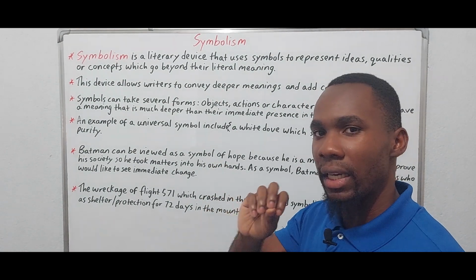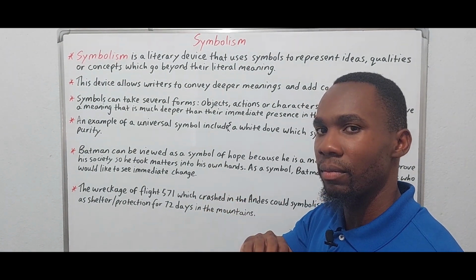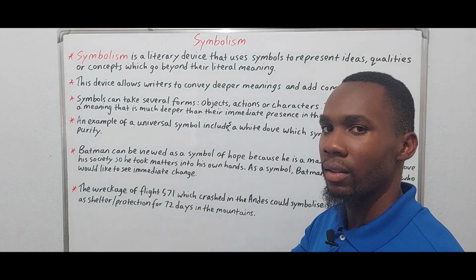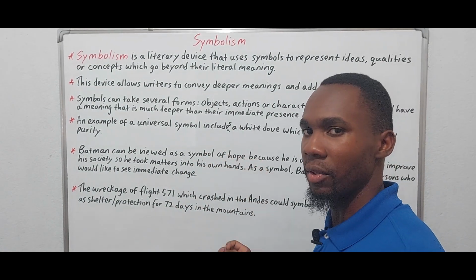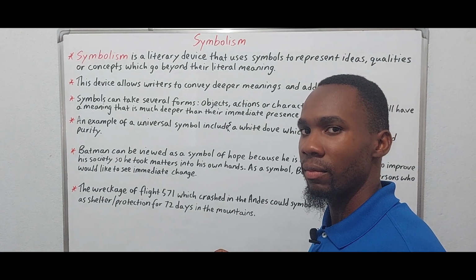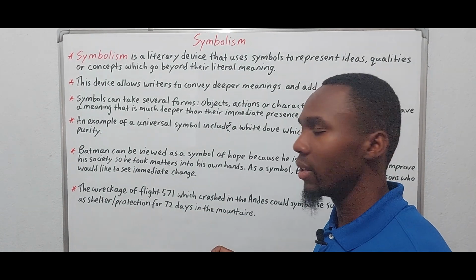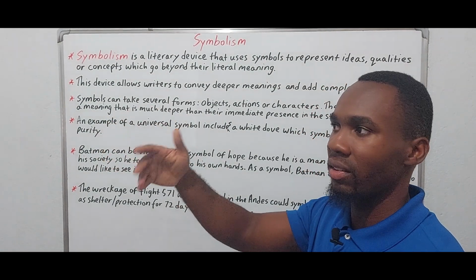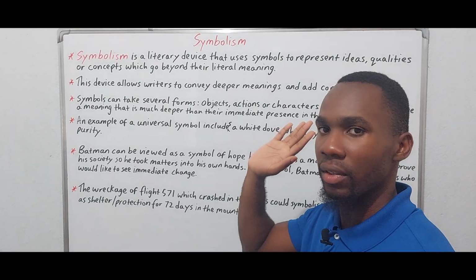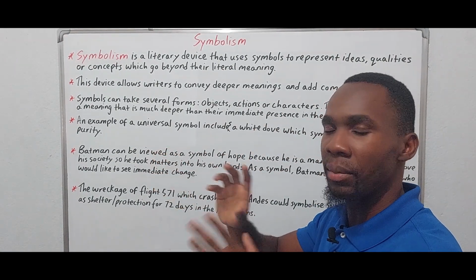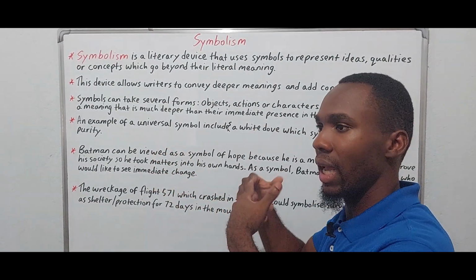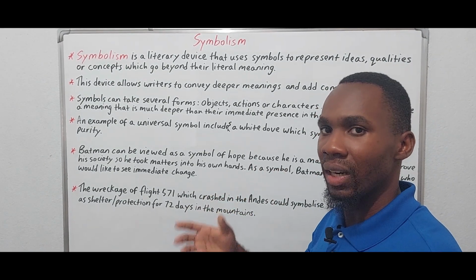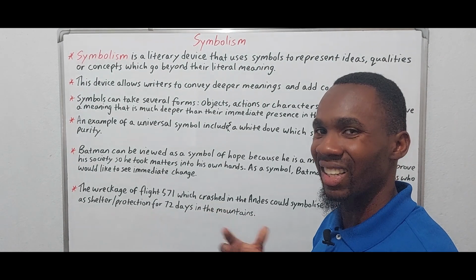There must be a clear correlation between the entity and the symbol. What I mean is that you can't just say that the wall is a symbol of blah, blah, blah, whatever, and you're unable to identify the connection, or other persons are unable to identify the connection or the link.